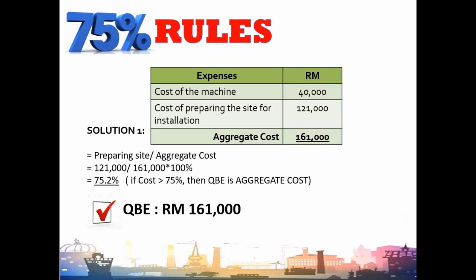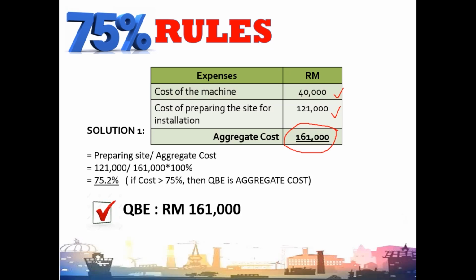So the expense of the machine is 40,000. The cost of preparing the site for installation is 121,000. So the total aggregate cost is 161,000. You have to identify whether the cost of preparing the site for installation is more or less than the 75% rules.